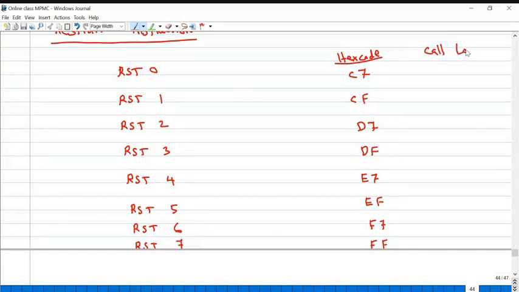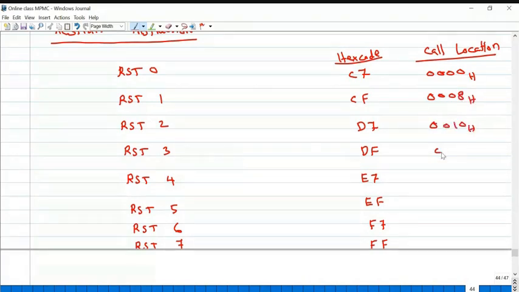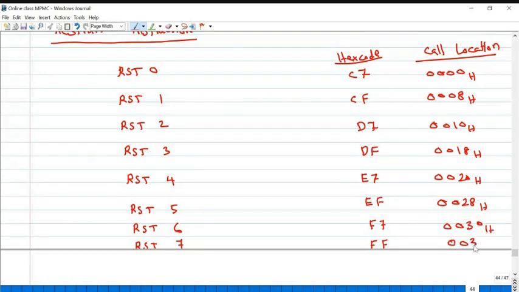The vector location is already available in the table. This is the corresponding vector location: 0000, 0008, 0010, 0018, 0020, 0028H, 0030H, 0038H.